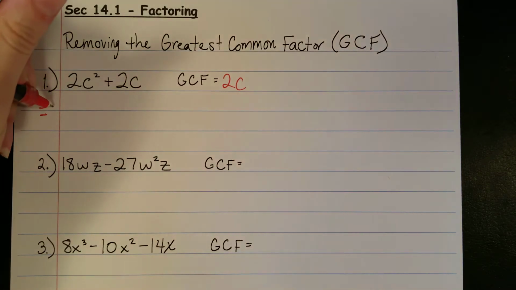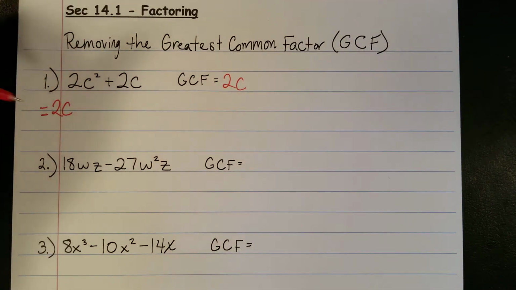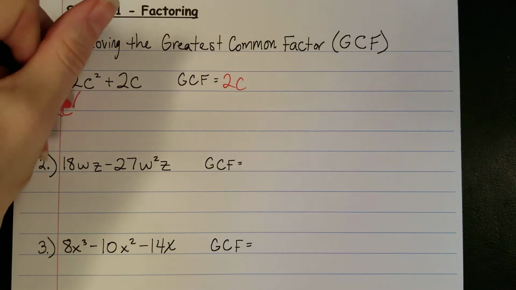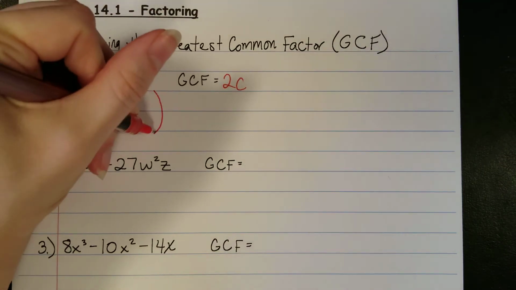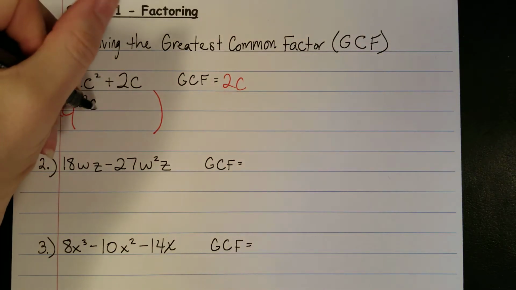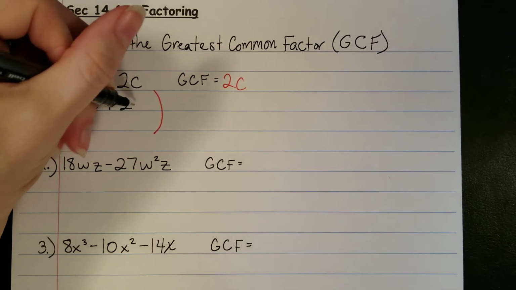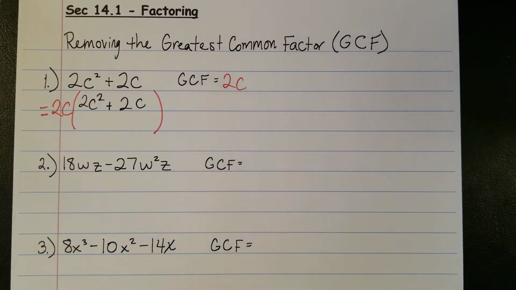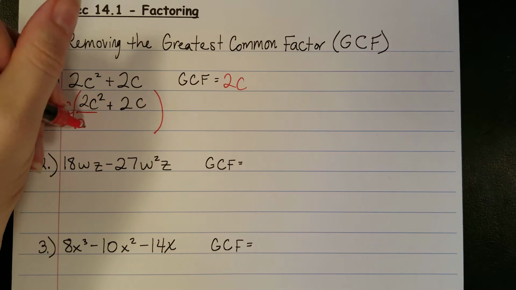So start by writing down the GCF in the front, then open parentheses, and we're going to divide each term of the original problem by that GCF.